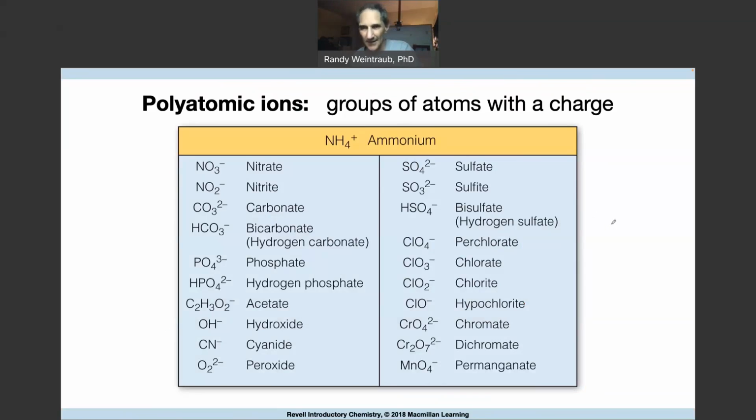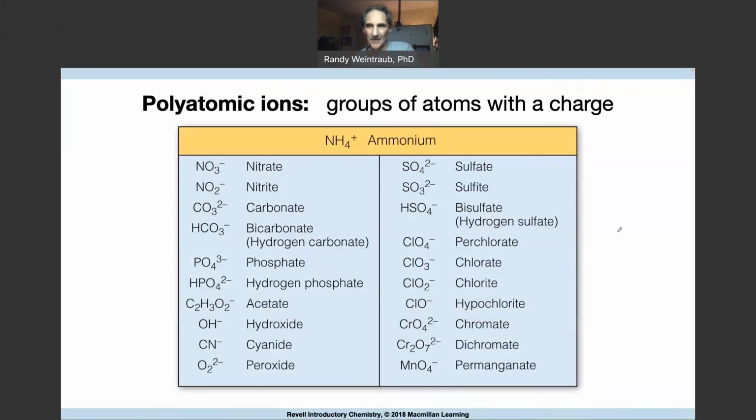Polyatomics are groups of atoms that have an overall charge. They're very stable. Many of these ions, such as acetate and phosphate, are essential to life and very common in many different materials and applications.